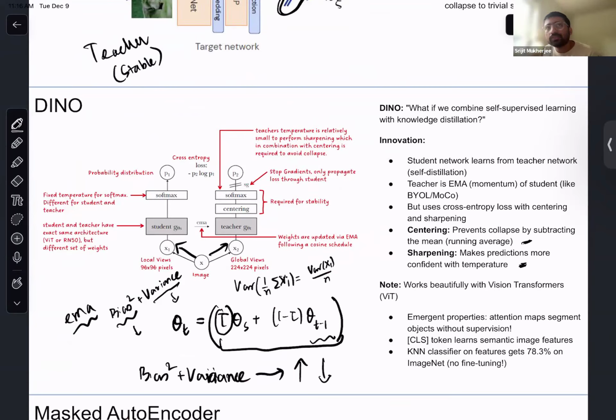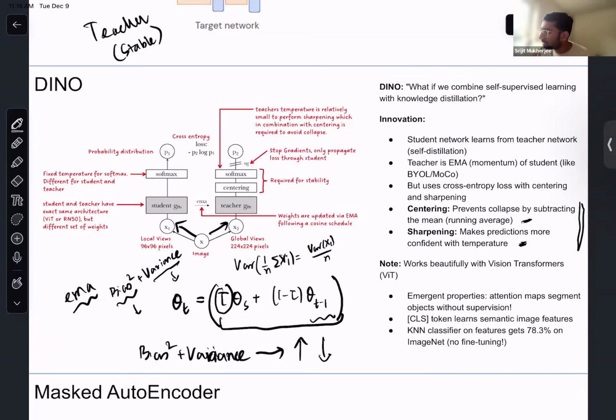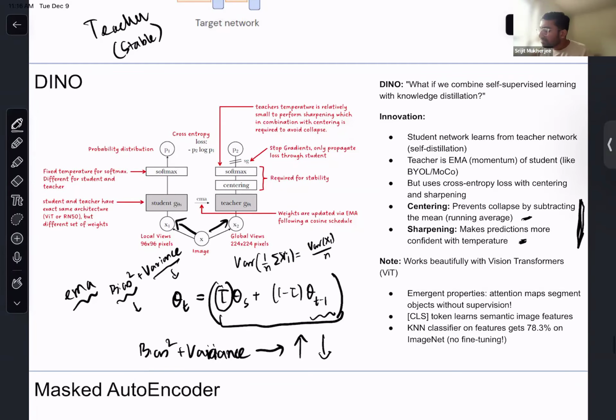What centering does is it makes the teacher network's output value 0 on average. Okay, let's not rush through it. I will discuss this center collapse later on if we have another session.